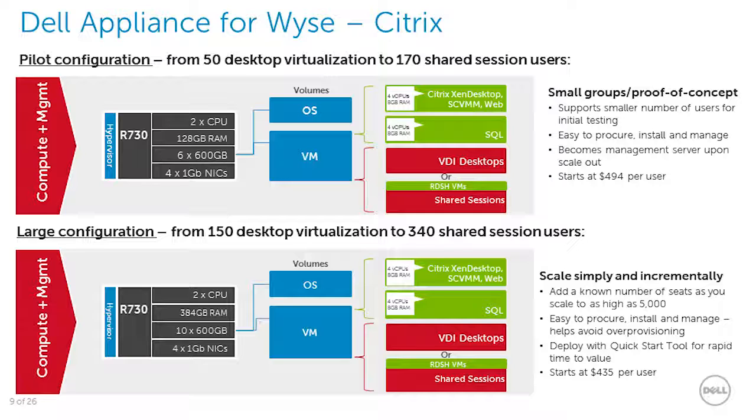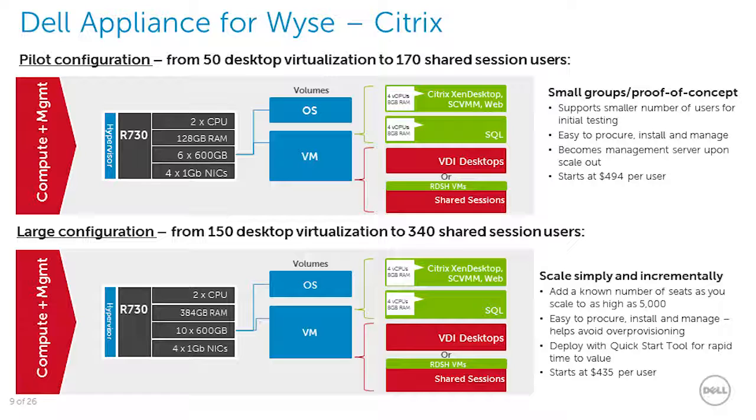This slide shows you the reference architecture for both sizes, for the pilot configurations up to 170 users and for the large configurations up to 340 users. On the local hard disks reside the operating systems and the virtual machines.